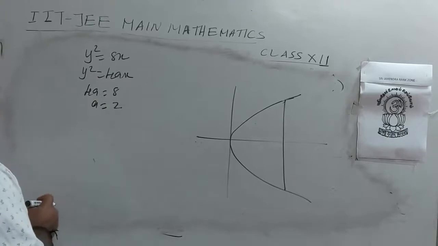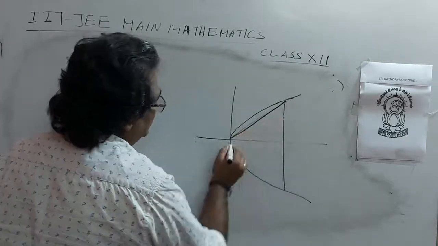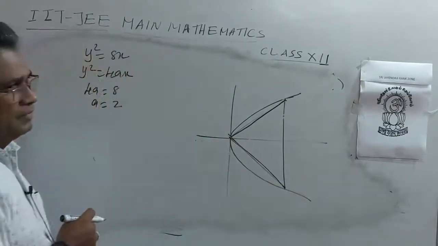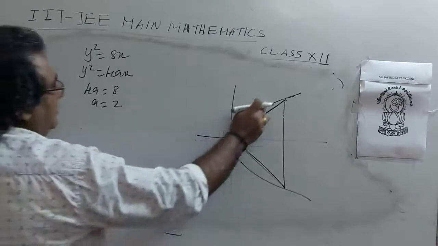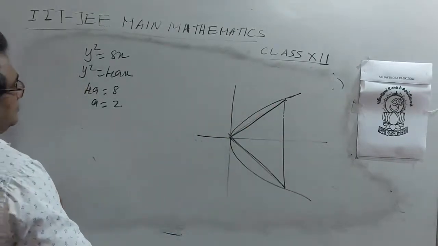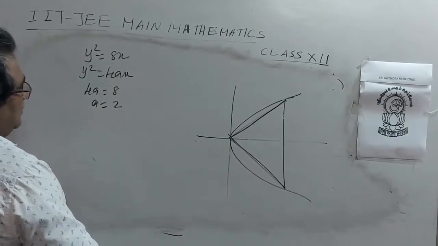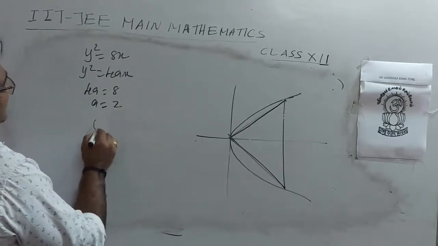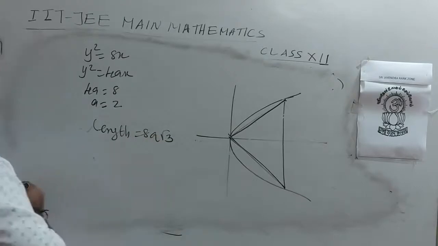The length of the side is 8a root 3. We have one result.